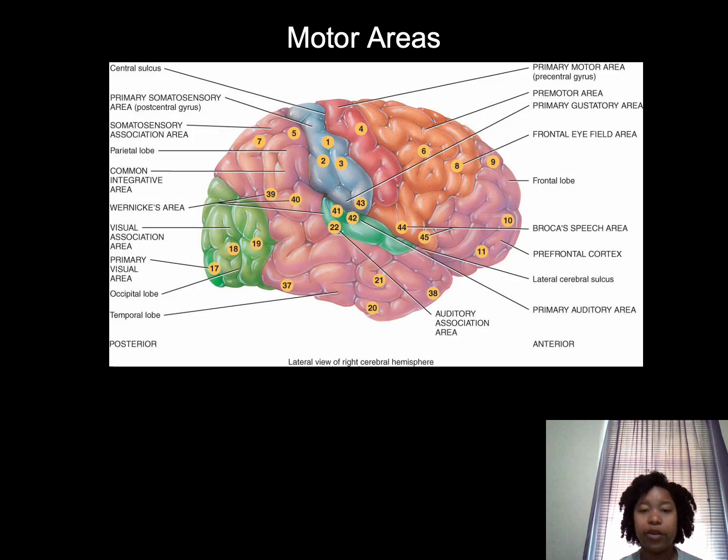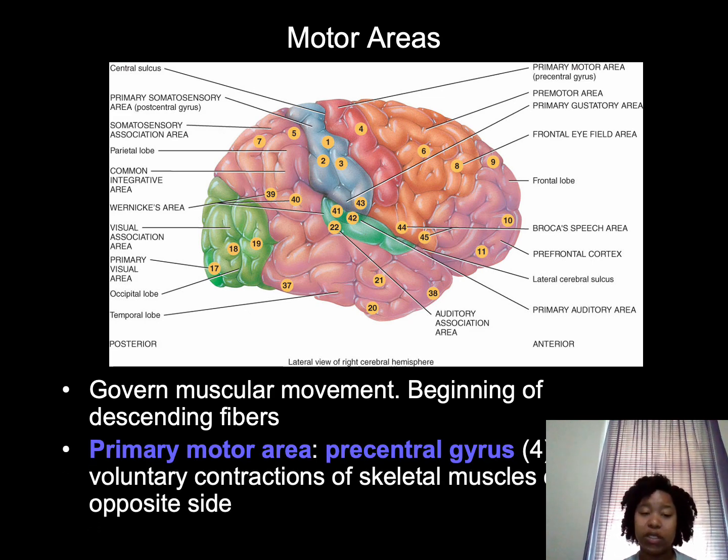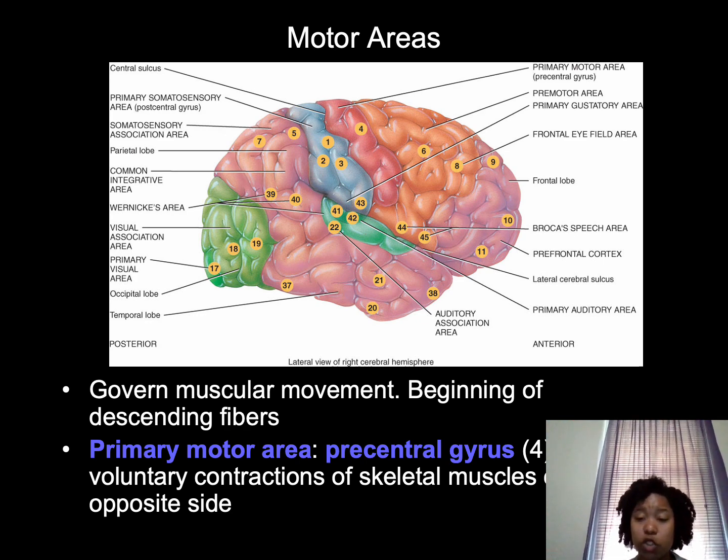As far as the motor areas go, same image, different description. Remember again that it's governing muscular movement, and this is the beginning of descending fibers sending those movements out. So you've got the primary motor area, which is the precentral gyrus, and that's controlling the voluntary contractions of skeletal muscles on the opposite side. Remember, the brain has these two hemispheres, but the actions taking place with muscular movements correspond to the opposite side of the brain that's acting on the body.